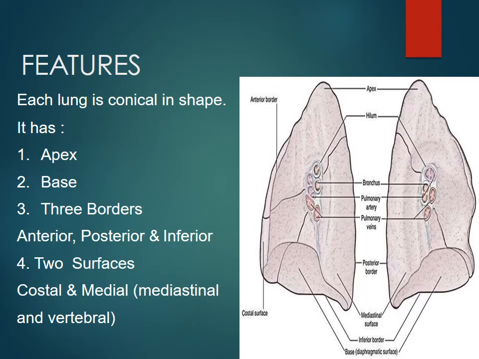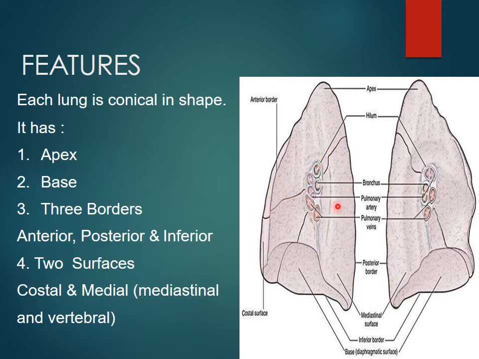Then we come towards the gross features of a lung. Each lung is conical in shape. As we all know, what is a cone? Cone shape, just like a cone of a cornetto. This conical lung is composed of the apex, the uppermost part, and the lowermost part known as the base, three borders which are anterior, posterior and inferior border, and two surfaces, costal and medial.